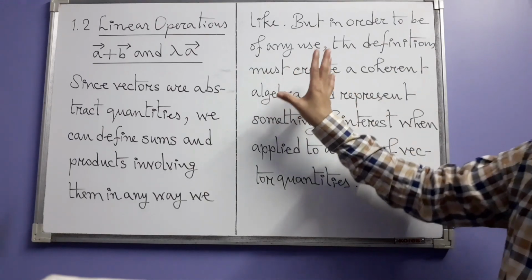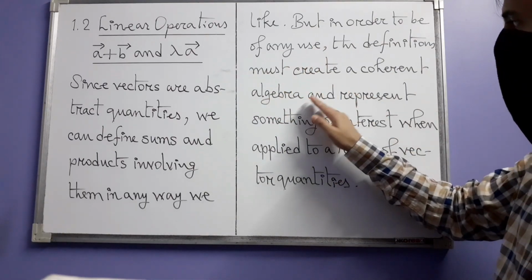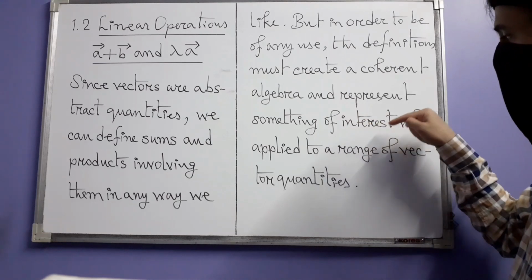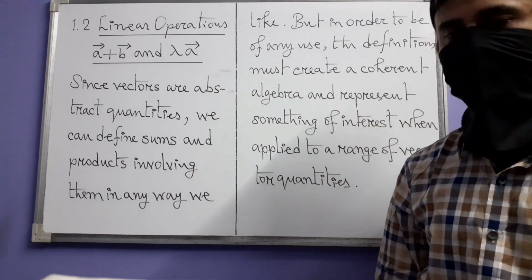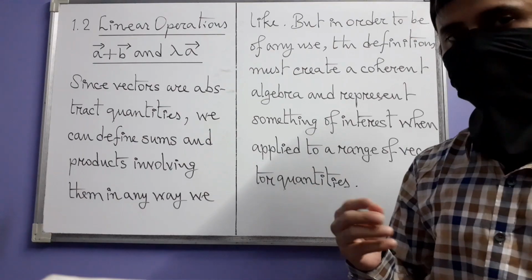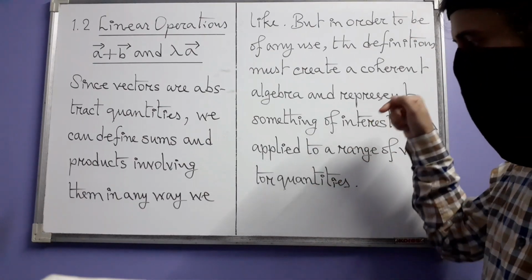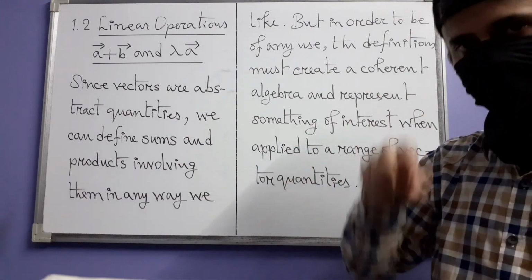This, however, is mathematical, this part, and represent something of interest when applied to a range of vector quantities. They should ultimately end up being useful when you apply them back to those physical quantities.